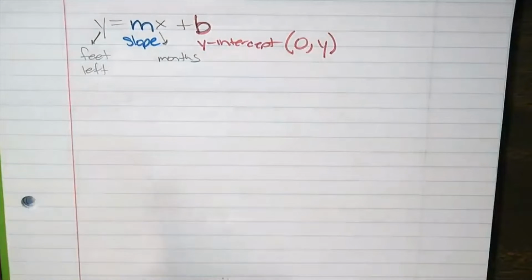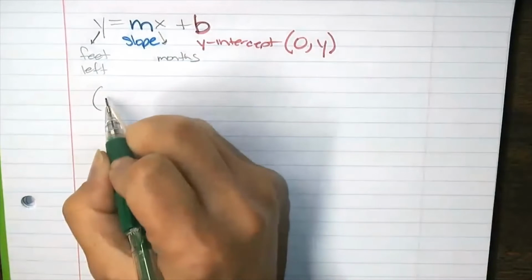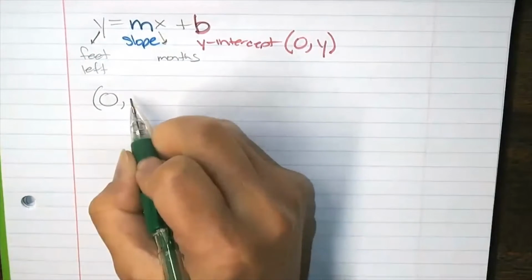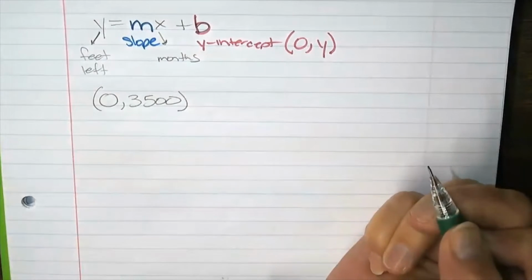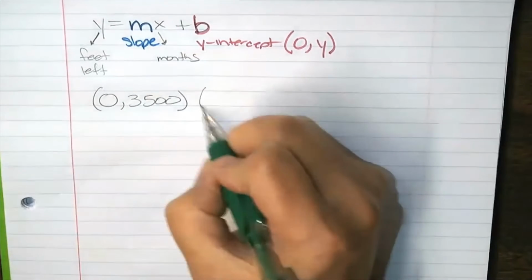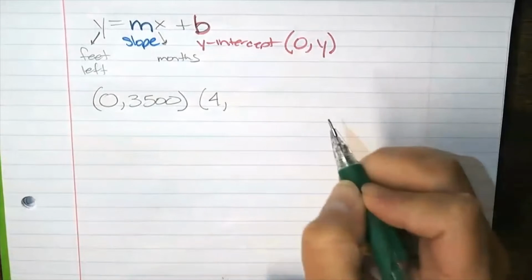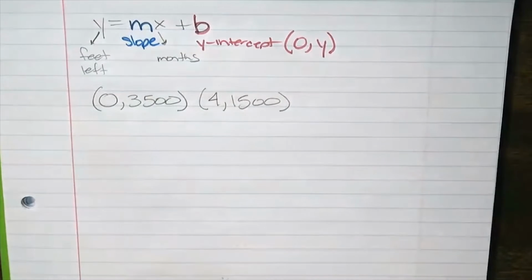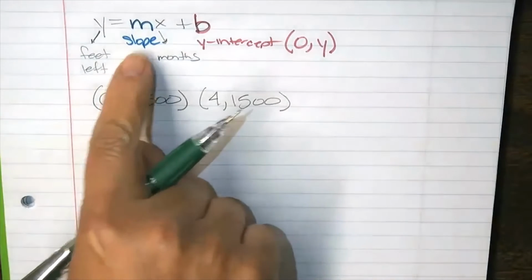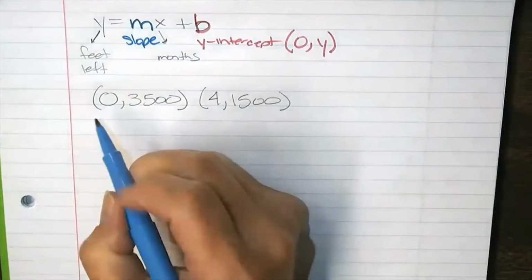So they've given us 2 points. At 0 months, we have 3,500 feet left. After 4 months, we have 1,500 feet left. So the first thing we need to do is find our slope.